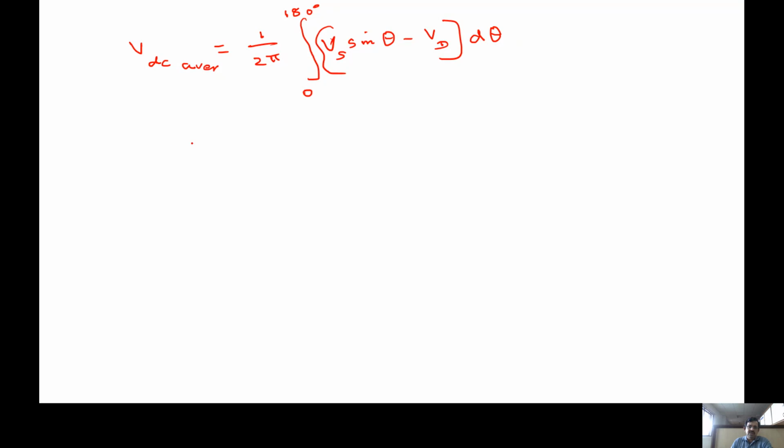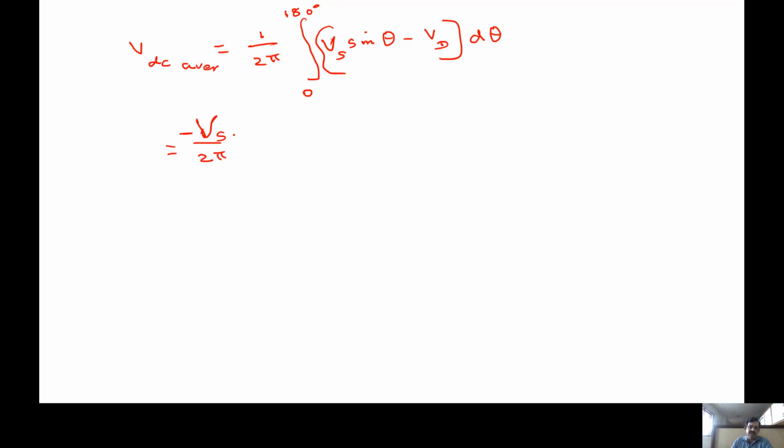So with this, we'll get 1 by 2 pi. I'll take Vs outside, and there is a minus sign, so I'll take that minus also, because the integral of sin theta d theta will be minus cos theta.